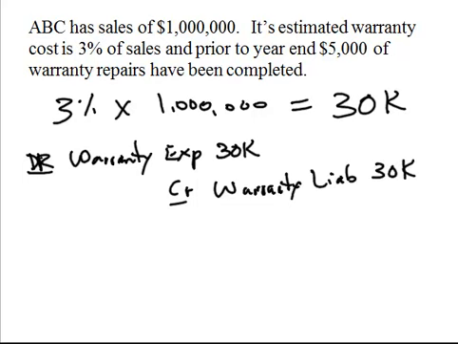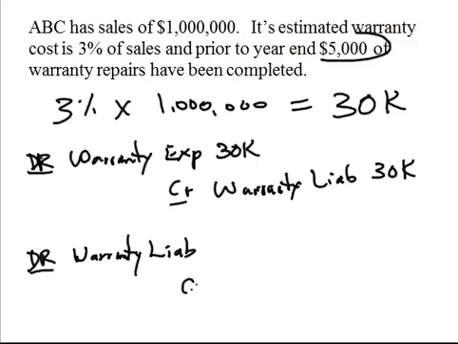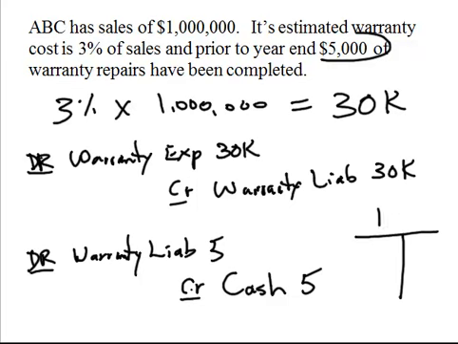At the time the claims are completed, even if it's prior to year end, we're going to debit and reduce our warranty liability account because we're actually providing the warranty claim service, and credit cash for the payment made on the warranty. At the end of the year, our liability balance will be 25, the amount remaining to be delivered in future.